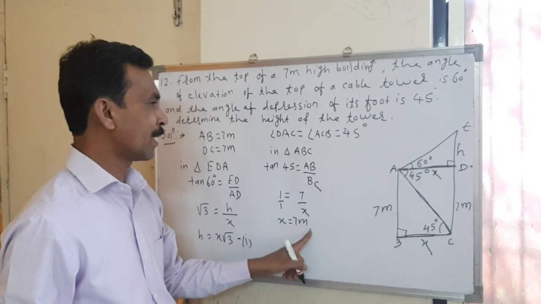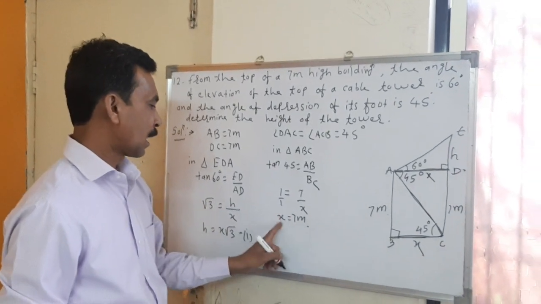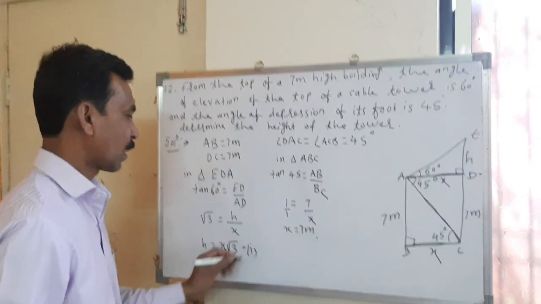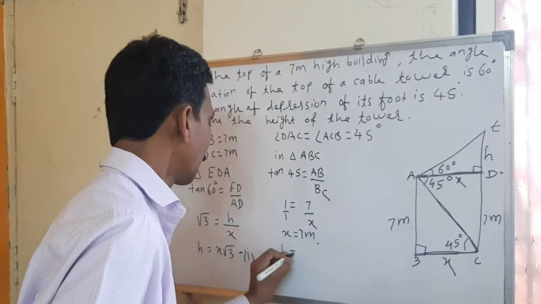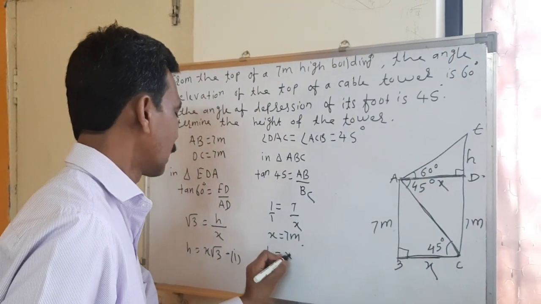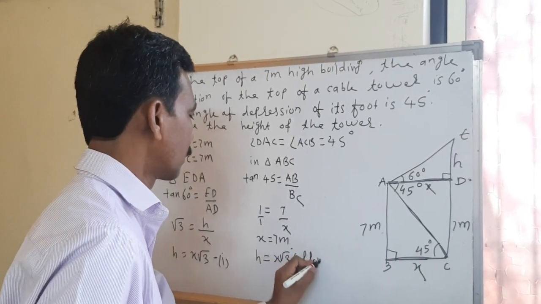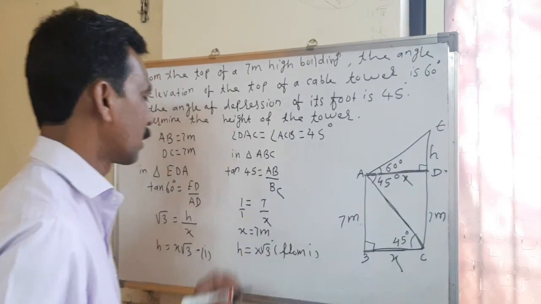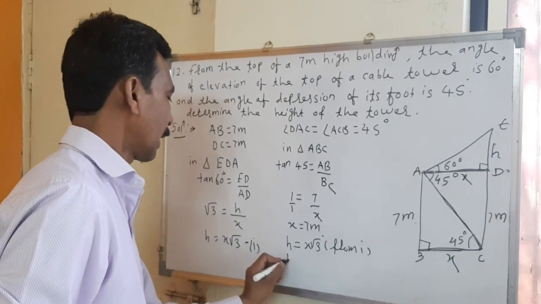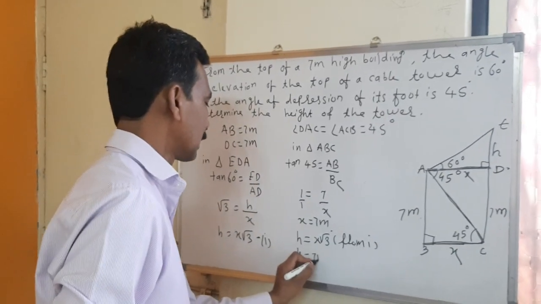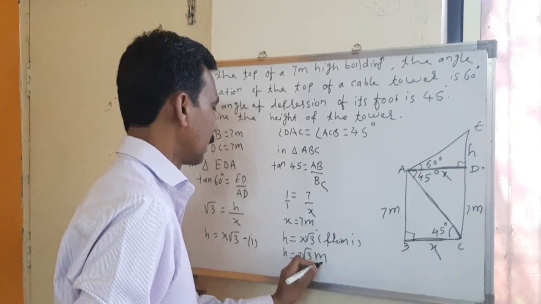X is equal to 7 meter. Right? I will place this value in equation number 1. H is equal to x root 3. I will write here from equation 1. So H is equal to 7 root 3 meter.